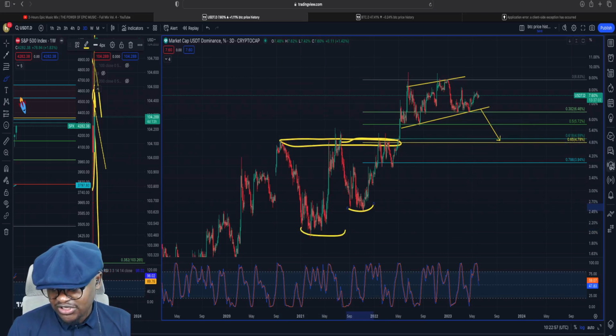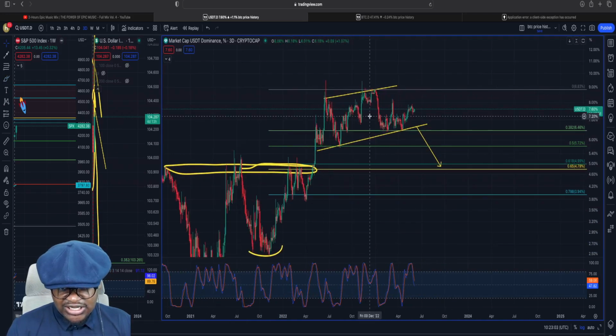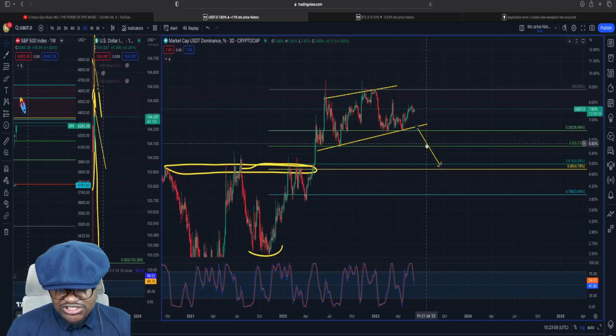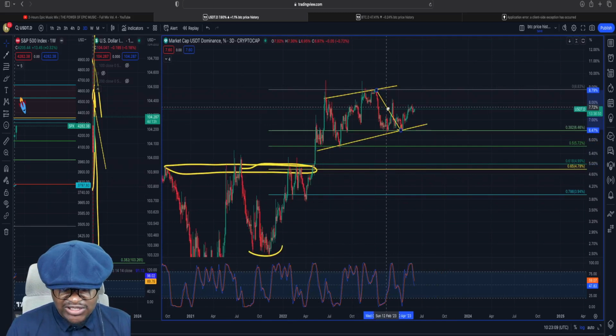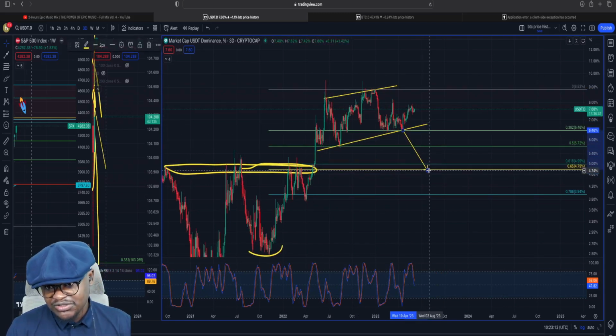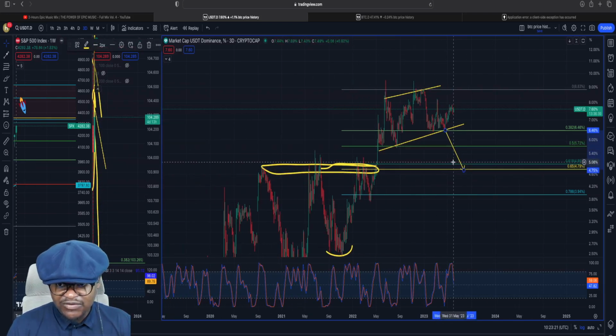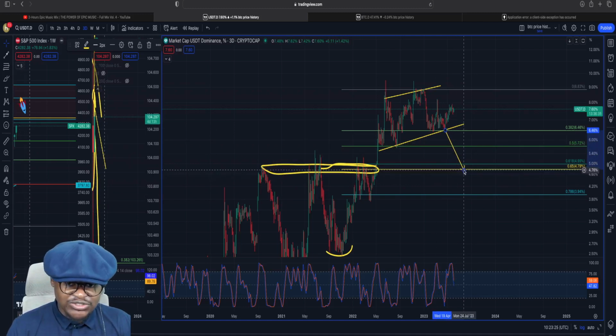Now you can also see from here that USDT is in an ascending channel, and if you take the target, that's actually the first target for the ascending channel, and you put it here, it is pointing you right into that golden pocket. So this gives me further confidence that USDT is going to find its way down to here.